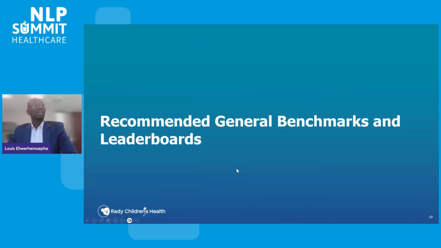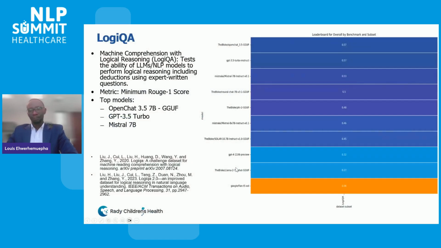Now, some of the recommended benchmark data sets required for testing LLMs include LogiQA. So in essence, this just looks at how well a large language model can perform logical reasoning, including induction.